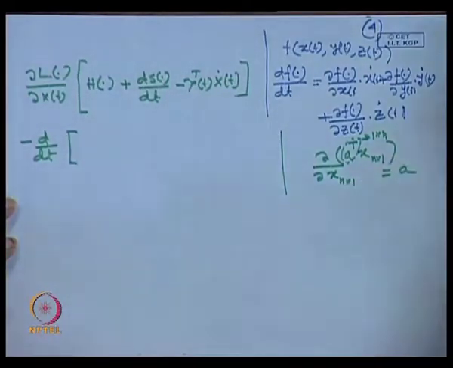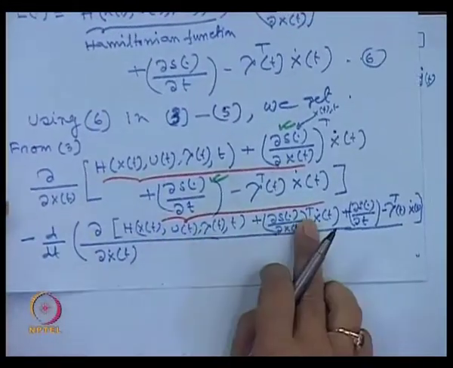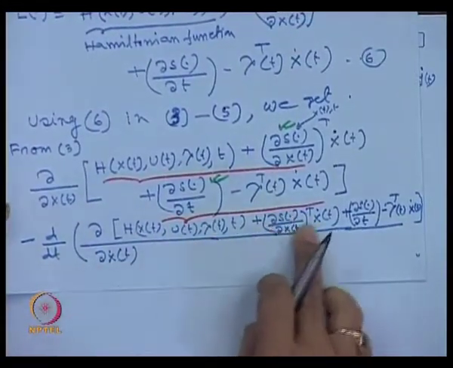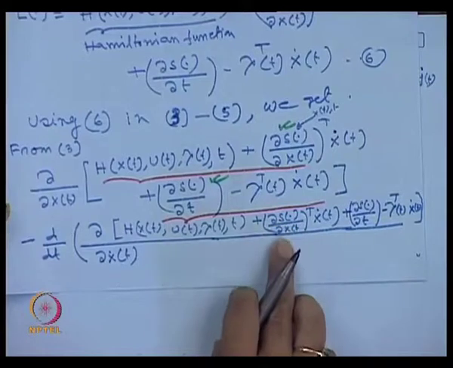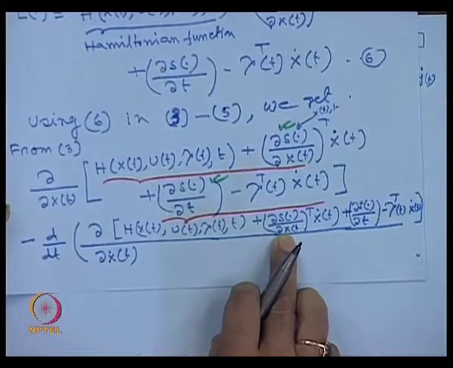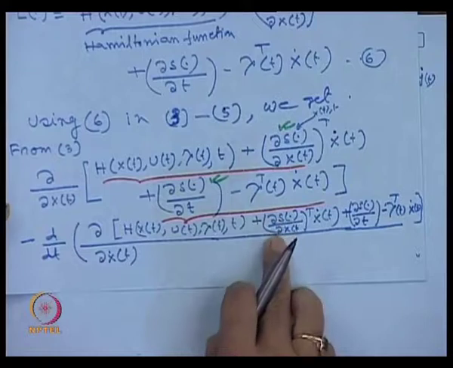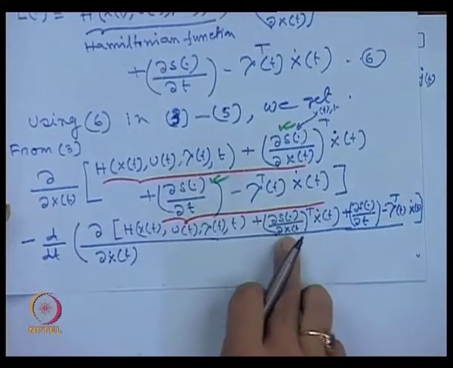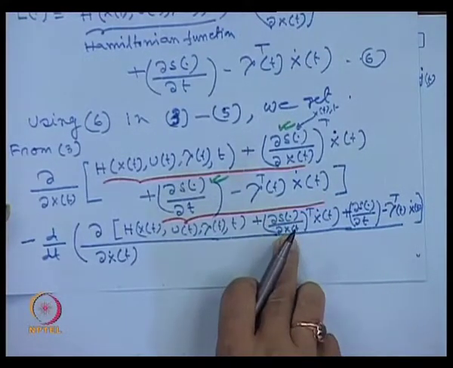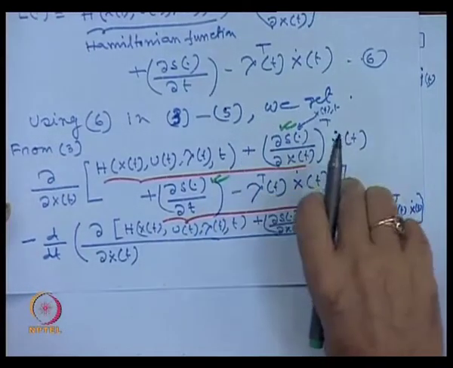Now if you use that, the differentiation of this can be considered as a scalar differentiated by a vector, so the result will be a row vector.